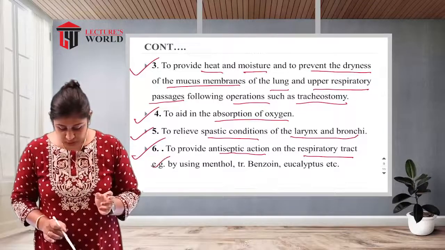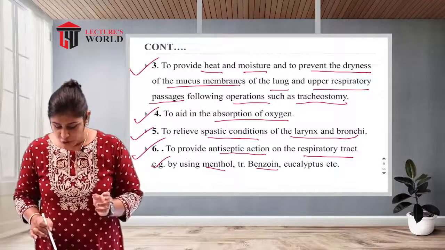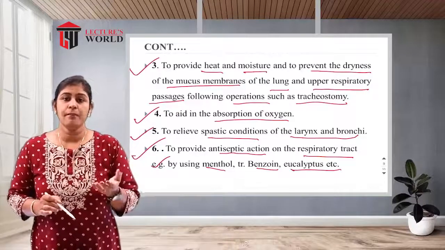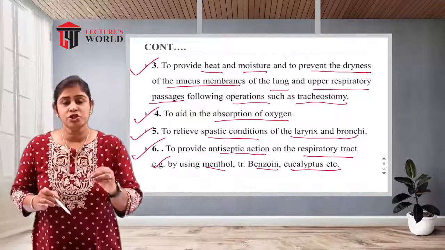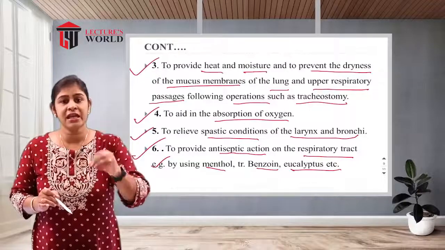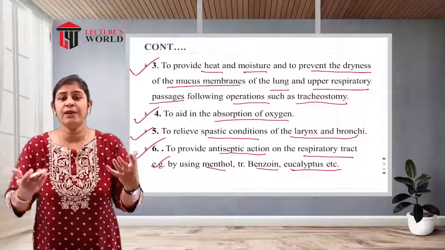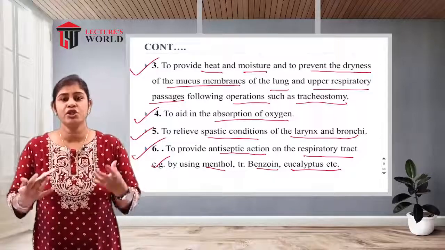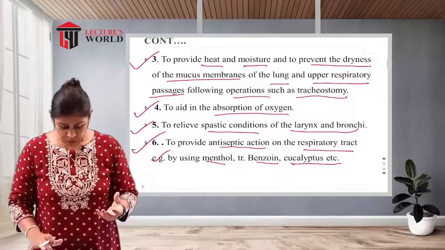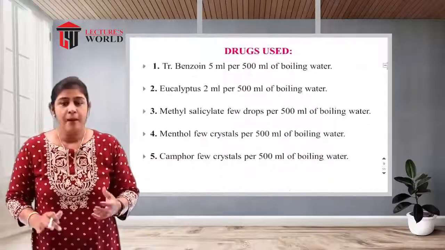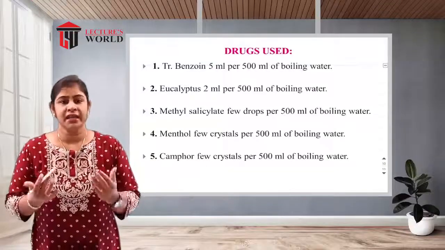An example is using menthol or tincture benzoin or eucalyptus. So by using tincture benzoin or eucalyptus in the inhalation, the patient is helped to relieve the congestion in the lungs. So these are all the purposes of inhalation.